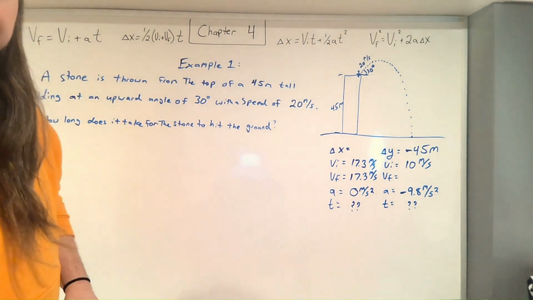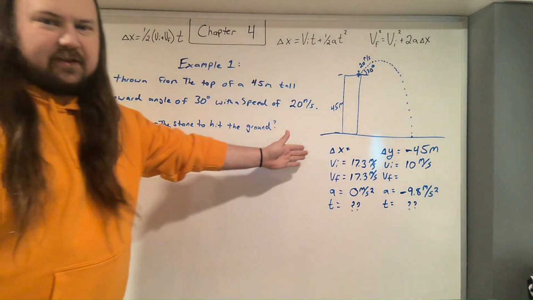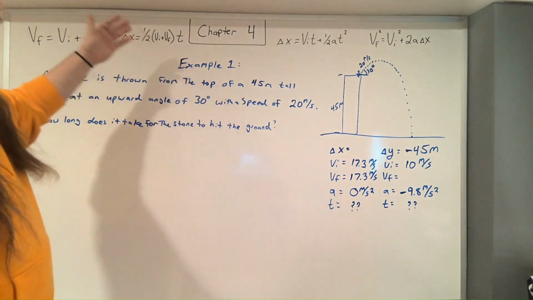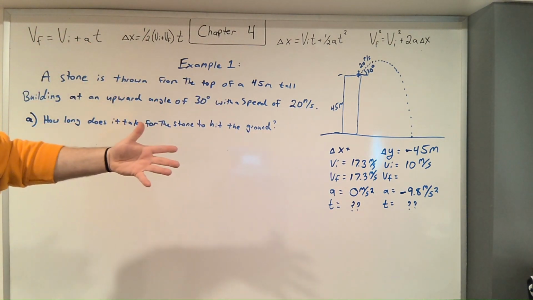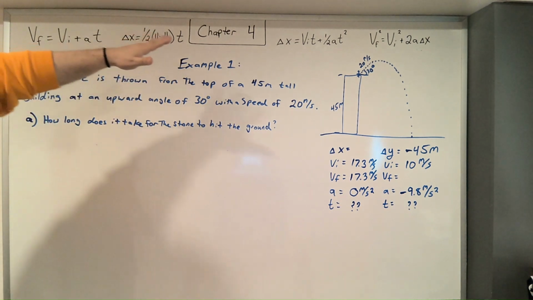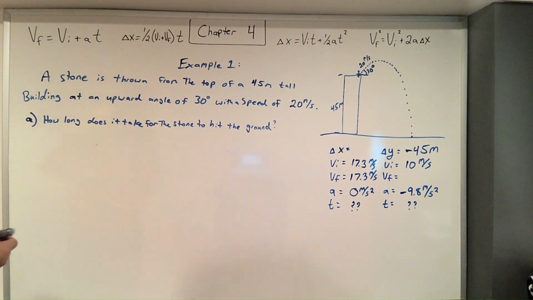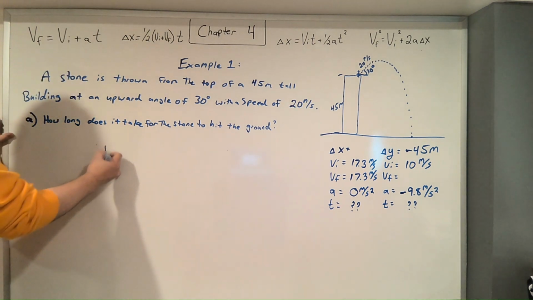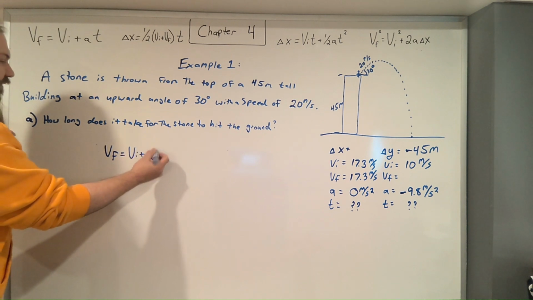So what I'm going to do here is I'll grab an equation. Let's use the x's as our example. Okay, we'll use x. We're looking for t, and the thing we don't care about is change in x. So I look up and I wonder which one does not have the change in x. It's the first equation. First equation does not deal with x, and I get vf is equal to vi plus a times t.